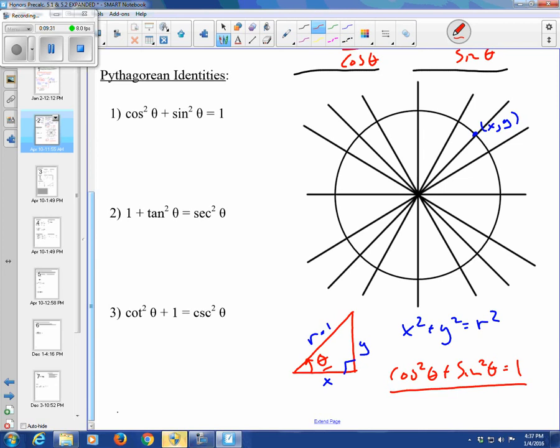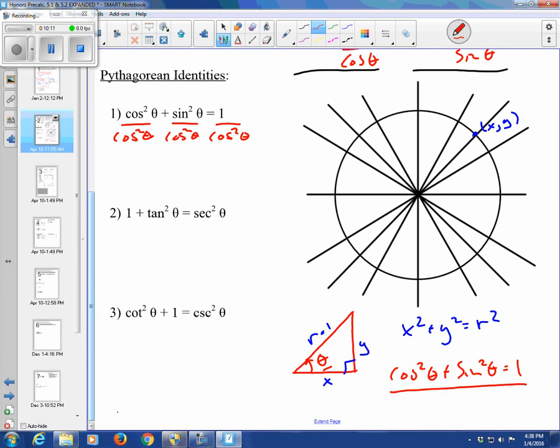Right here we get the other two Pythagorean identities by dividing by sine and cosine. If I take this expression and divide both sides by cosine squared, I can distribute the division of cosine squared to both terms on the left side and get cosine squared theta over cosine squared theta, and sine squared theta over cosine squared theta.